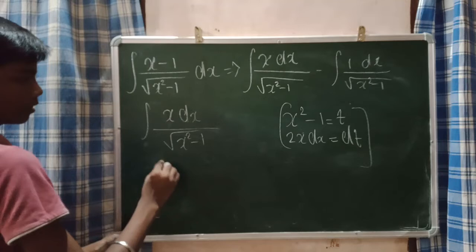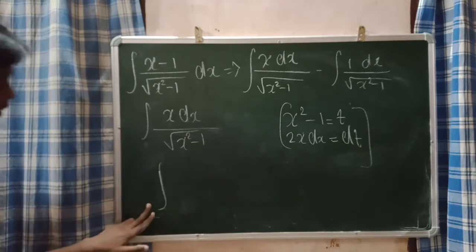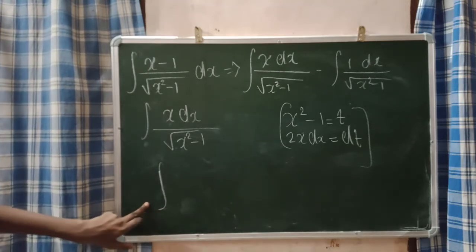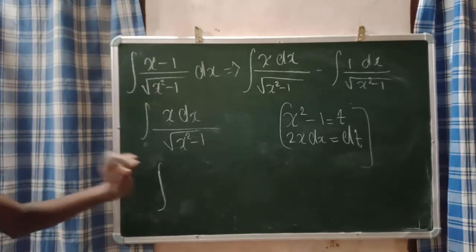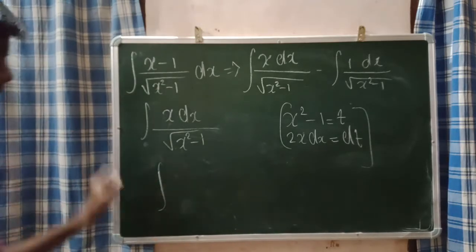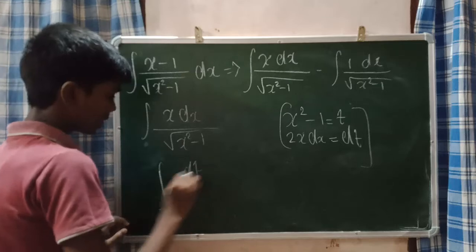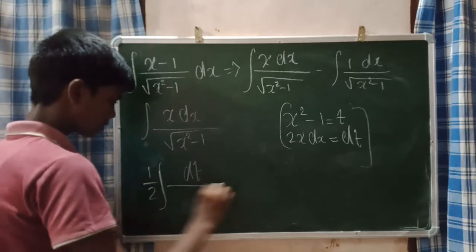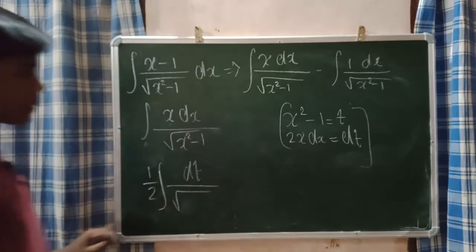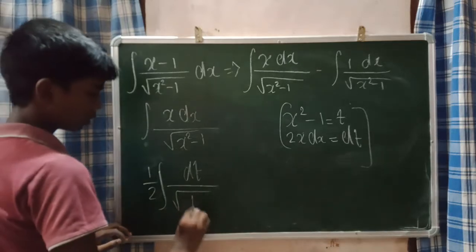So when I use this substitution in this integral, I will get the integral of x dx. If 2x dx is dt, then x dx will be dt by 2. So I can take the 1 by 2 outside the integral, divided by root of x square minus 1.